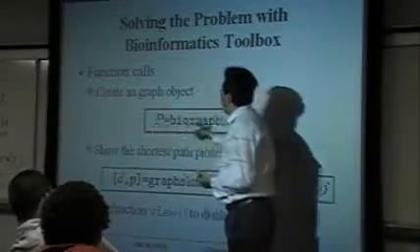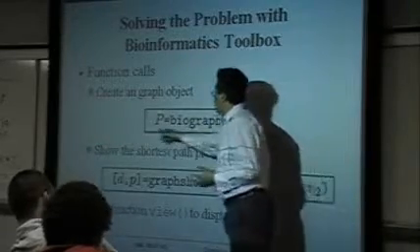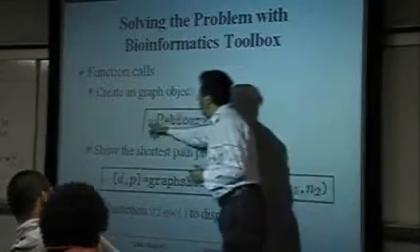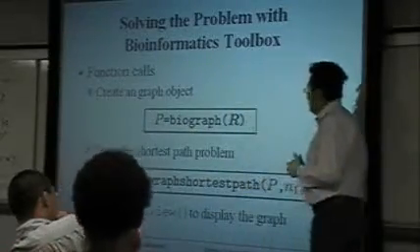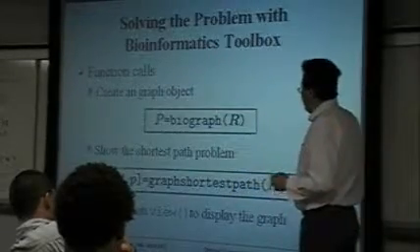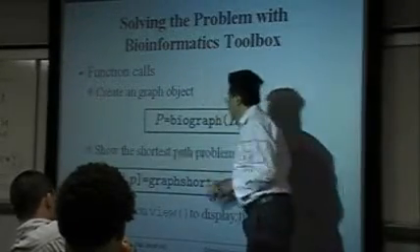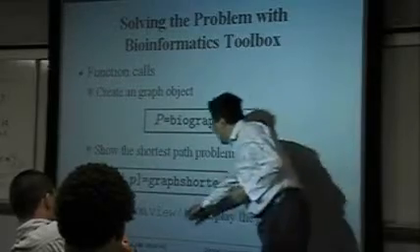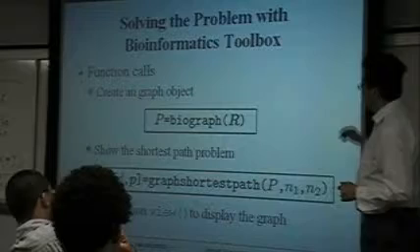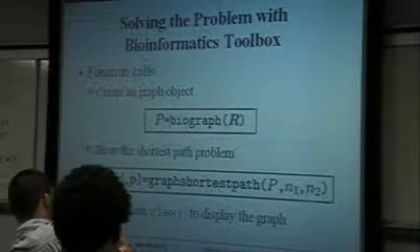One is to create a graph object, and you can also display it graphically using this command. And then use this command to find the shortest path. And finally, you can use the view command to show graphically the solution to the shortest path problem.